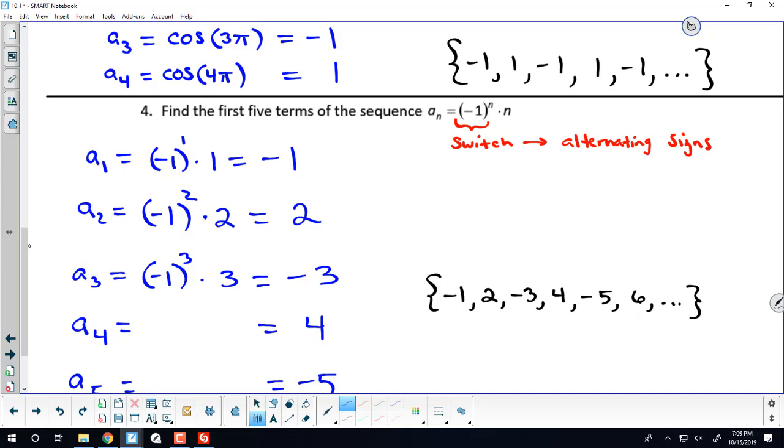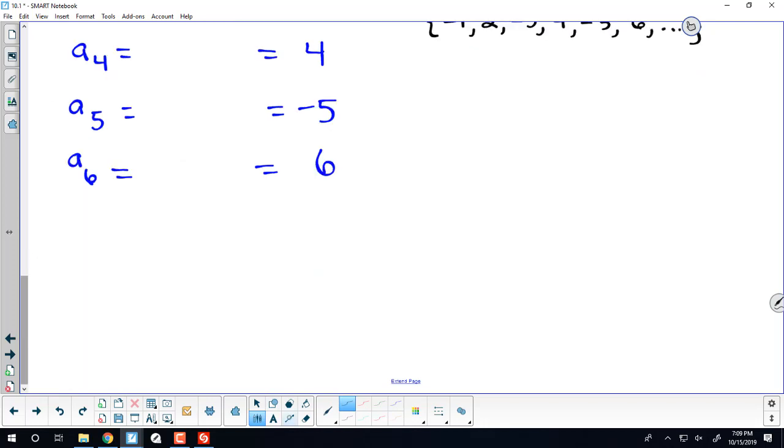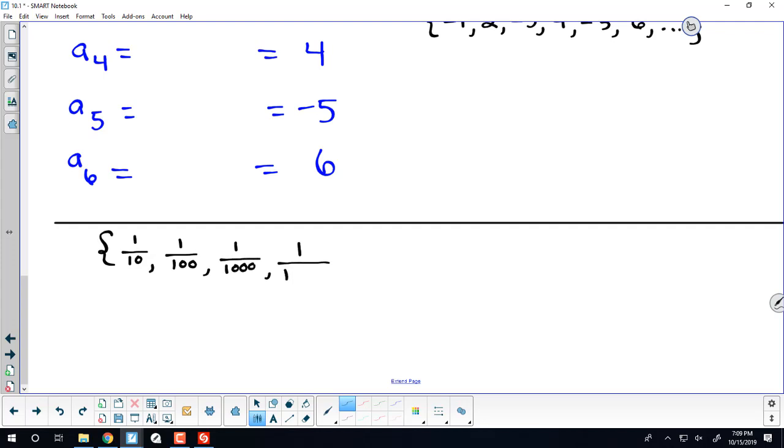Would that make sense? I mean, just one more example. We've got 2 there, but maybe if we had 1/10, 1/100, 1/1000, and so forth, like subsequent powers of 10.